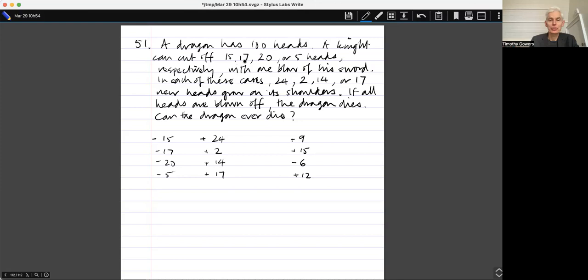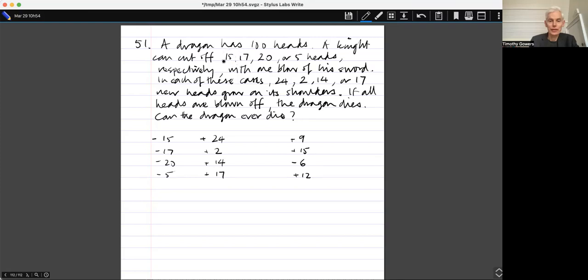But what do we notice about the numbers, the ones that are not multiples of 3, so 17, 20, and 5, they're all 2 mod 3. So to get to a point where with one final blow you can cut off all the remaining heads, you have to have a number of heads that is either 0 mod 3 or 2 mod 3.